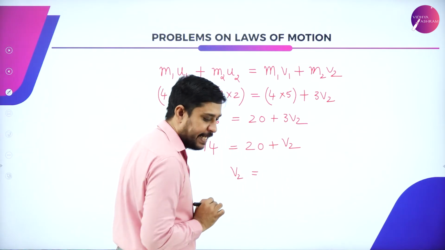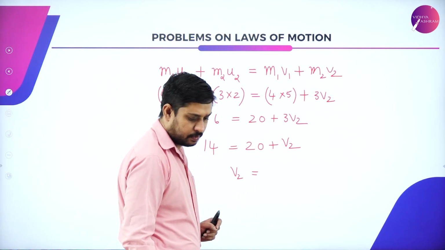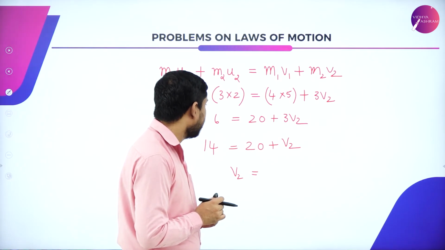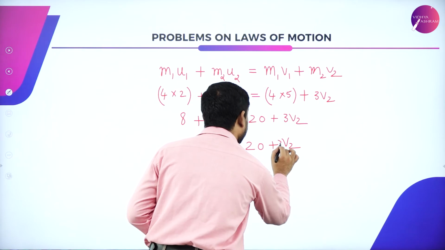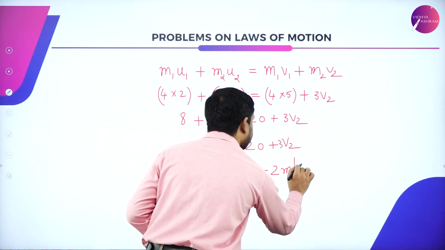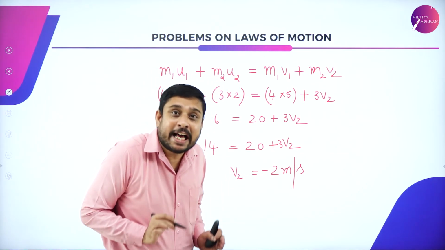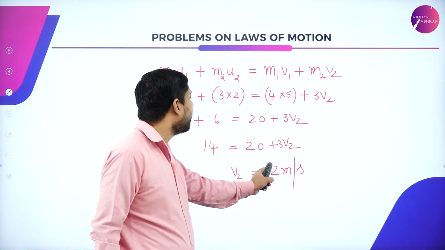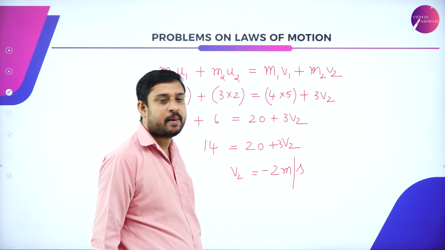So 3 times v2 equals 14 minus 20, so v2 is minus 2 meters per second. So the magnitude of the velocity of the smaller mass is 2 meters per second.